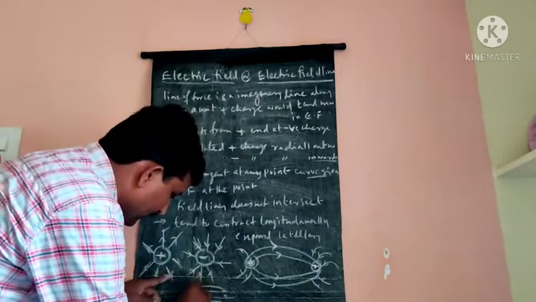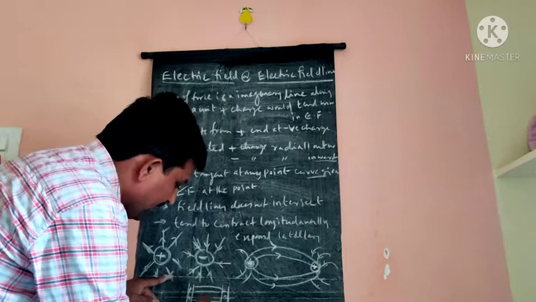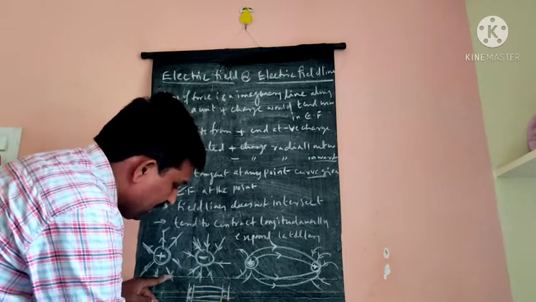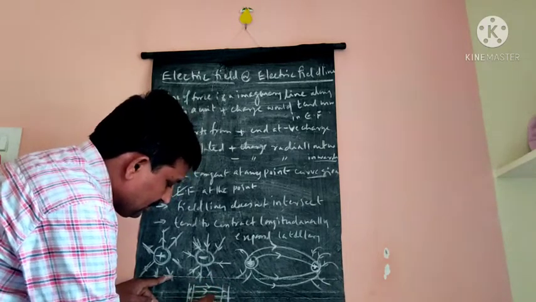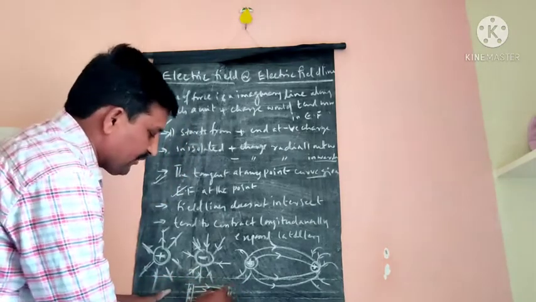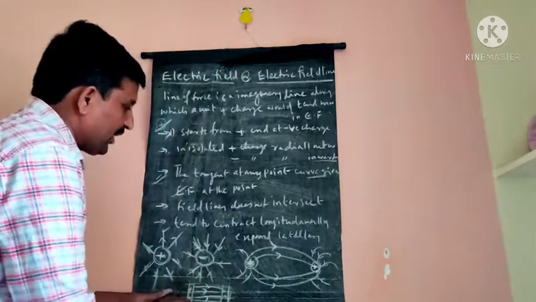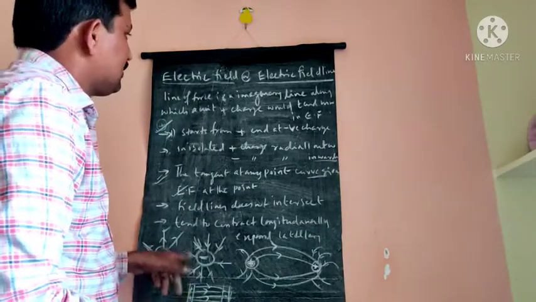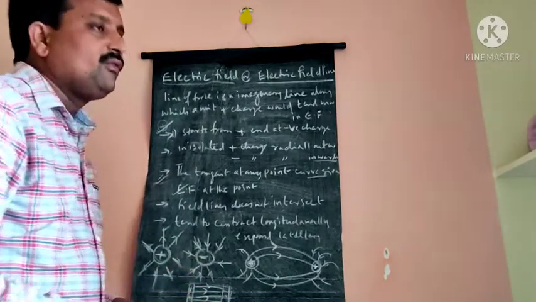For a uniform electric field, the field lines are parallel. So this is called electric field lines. Thank you.